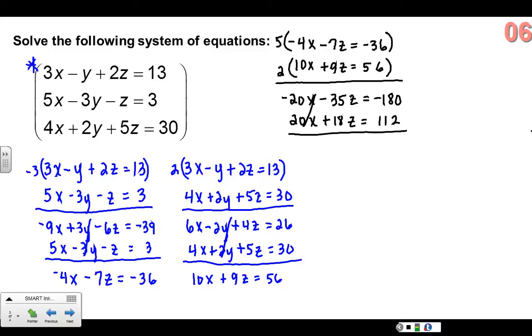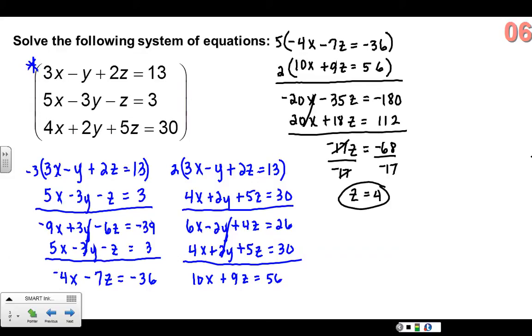So negative 35 plus 18, that gives me negative 17z equal to negative 68. If we divide by negative 17, z will equal 4. So we do have one, we extracted one solution.